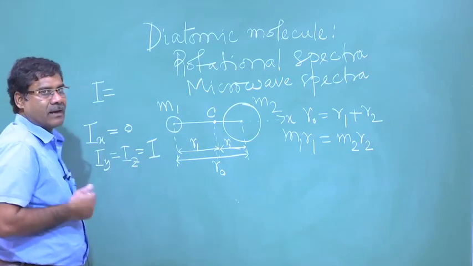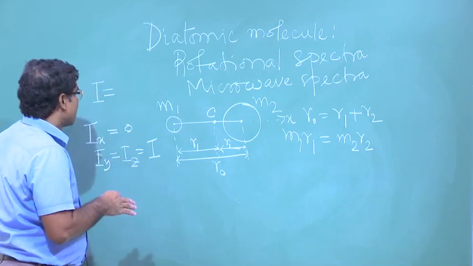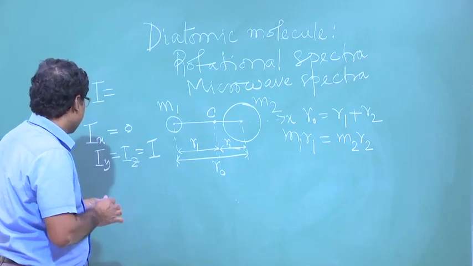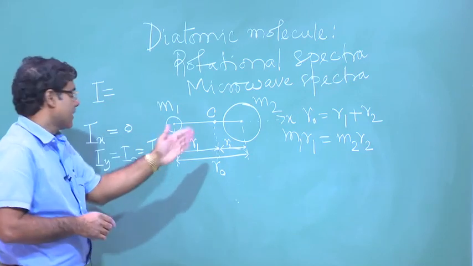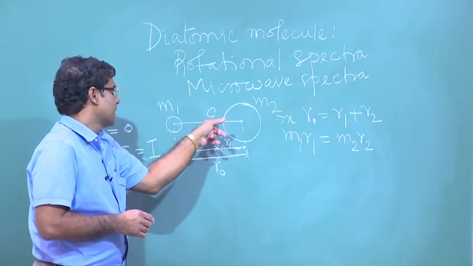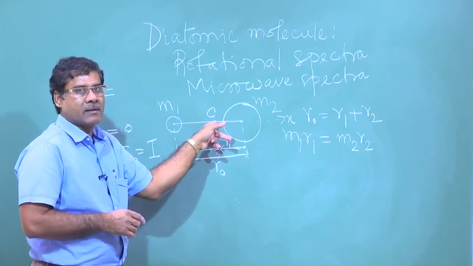So, both are the same. I will be the moment of inertia with respect to this axis passing through the center of gravity.